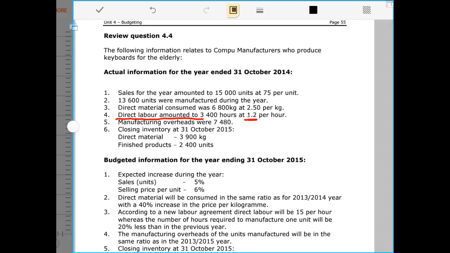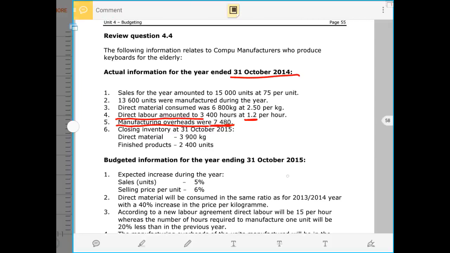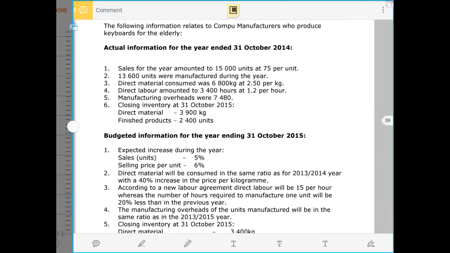Then we are told under number 5 that manufacturing overheads were 7,480 in the year 2014. Then we are given the closing balance, and the closing balance is on the 31st of October in the year 2015.